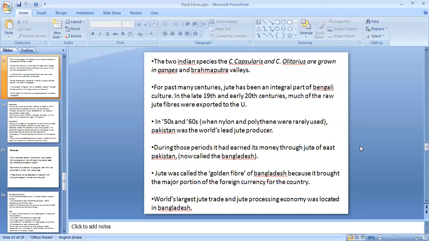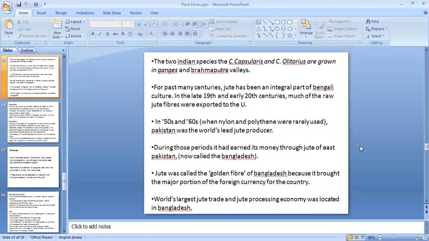In the late 19th and early 20th centuries, much of the raw jute fibers were exported to the United Kingdom. In the 50s and 60s, Pakistan was the world's leader in jute production, and in those days they were earning money out of jute, that is through the export of jute to other countries, especially from Bangladesh.